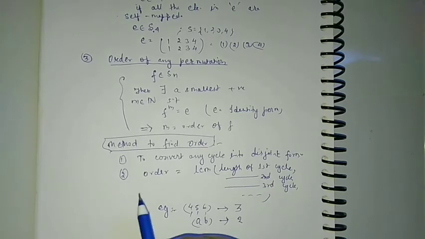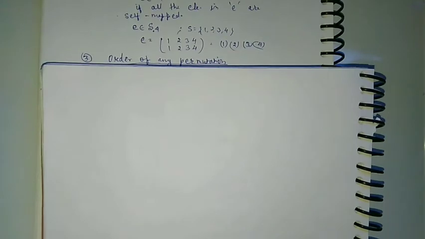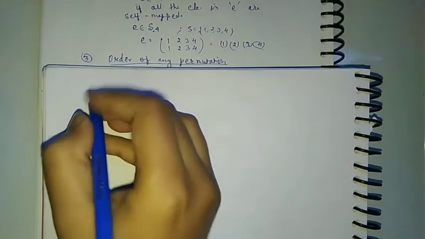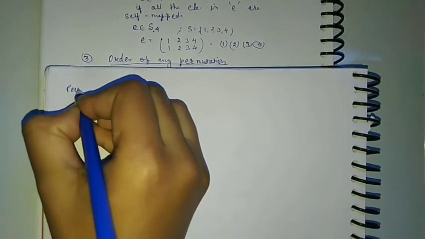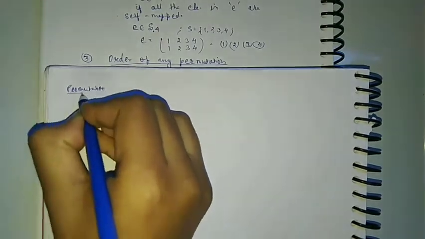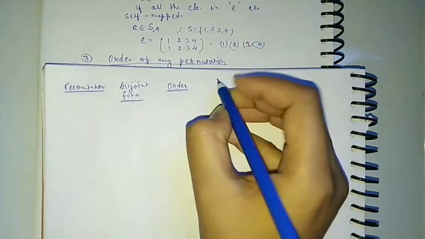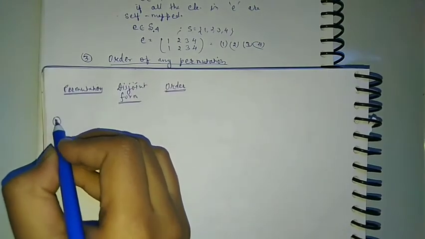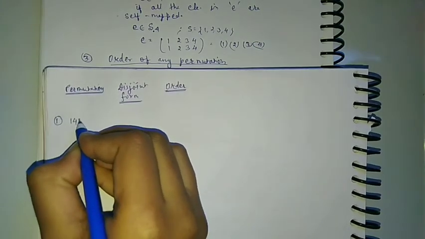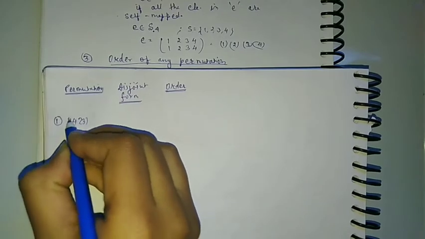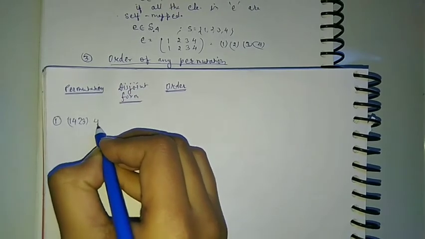Now we are going to take some examples of cycles and determine the order. For this we are going to take another page. The first example is (1 4)(2 3 4 1 5).